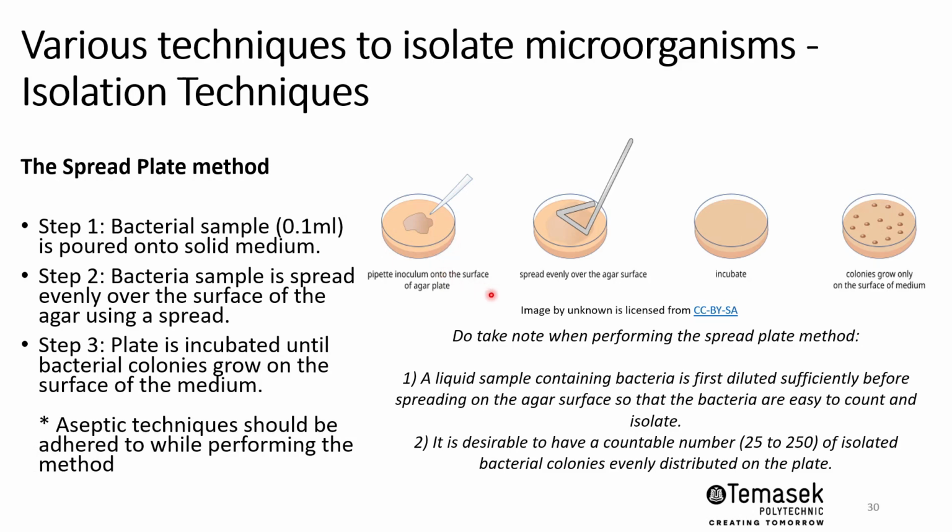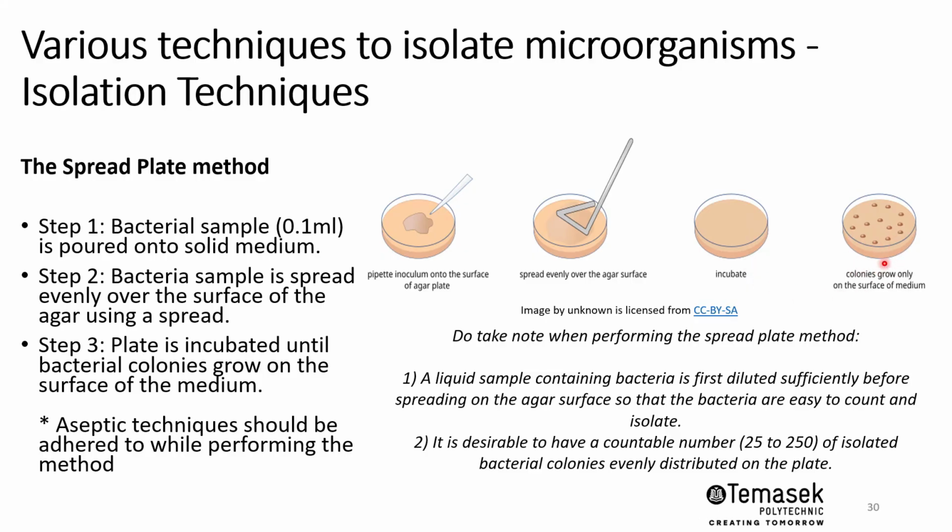Then by using a hockey stick like this, also known as a glass spreader, you spread the bacterial sample or culture evenly over the surface of the agar. Then the plate is incubated upside down.